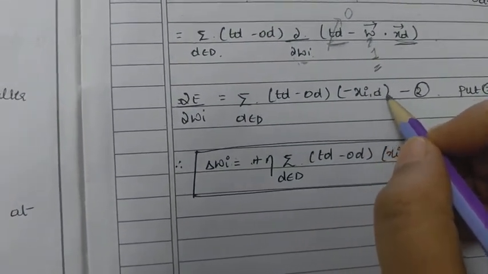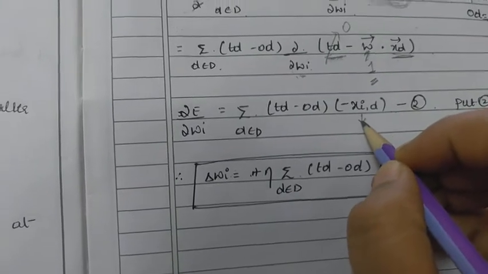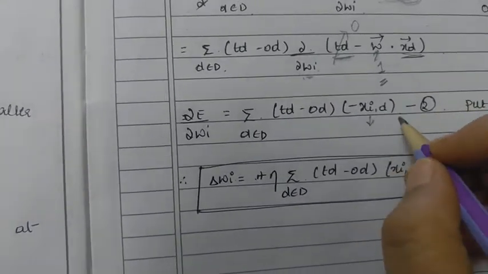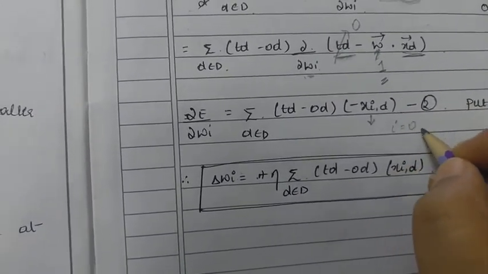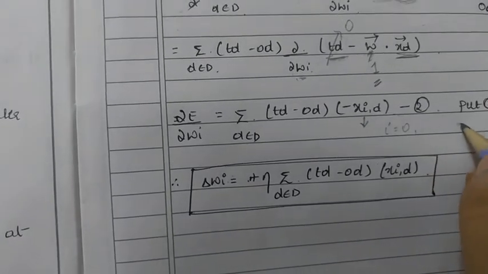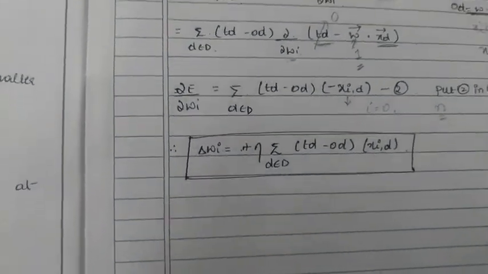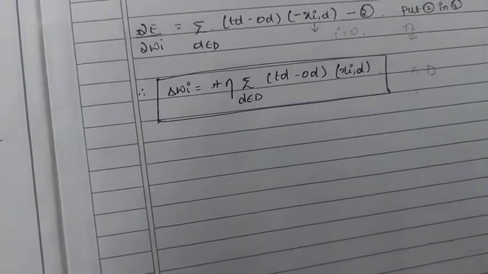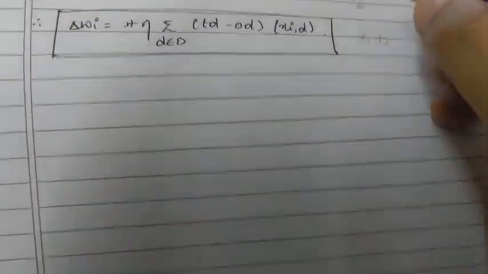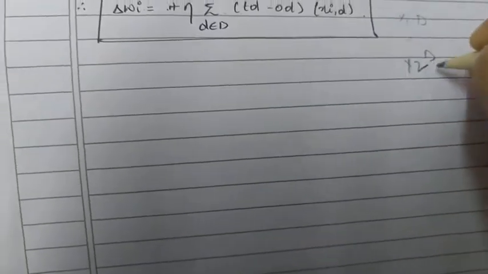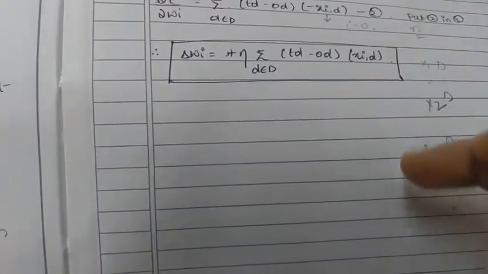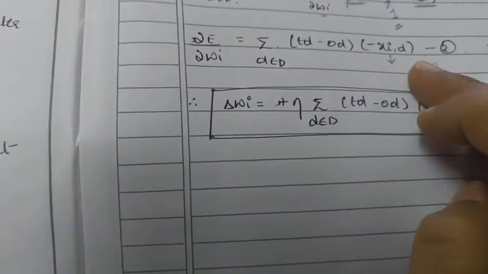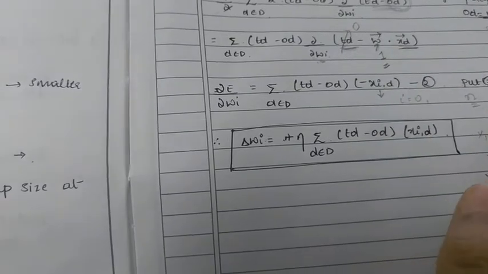Why xid? xi depends upon the number of inputs. As I already told, i will start from 0 and can go up to n. In the artificial neural network, I have x1, x2, x3 up to xn. These are the number of inputs, so depending upon the inputs I will have the i value.